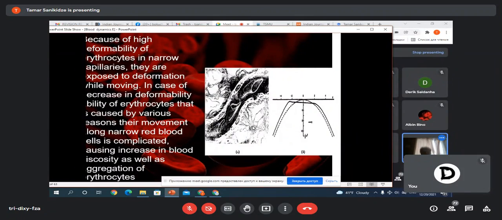In this case, we have to know that the erythrocyte is characterized by very high deformability.